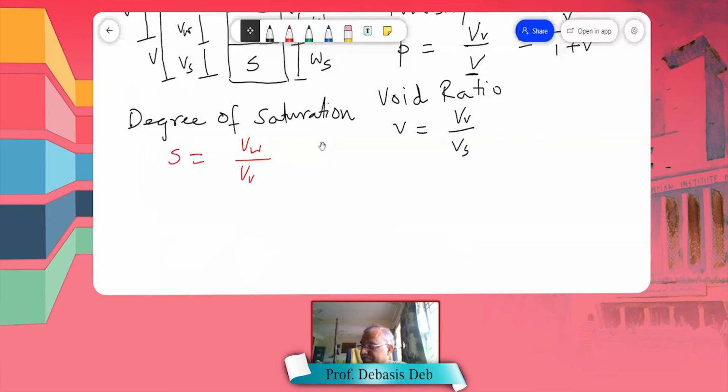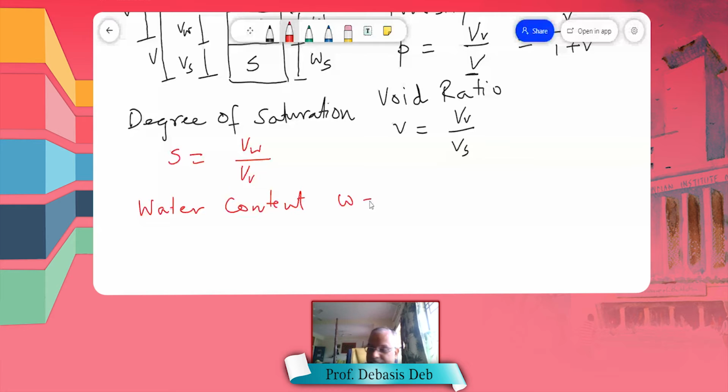First is water content, and that we write by w, small w.